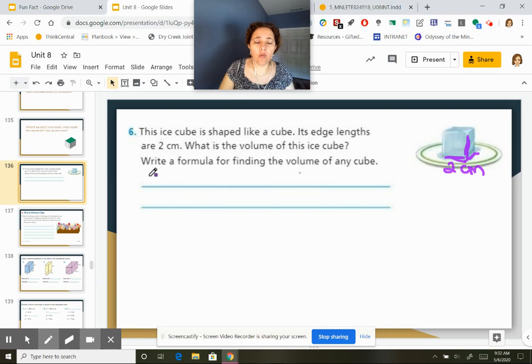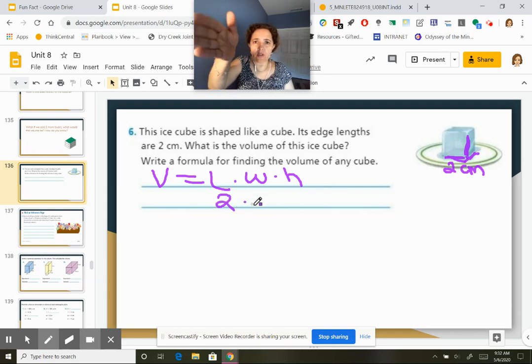So my formula would be, volume is equal to what? Yep, length times width times height. You're correct. What's my length? My length is 2. What's my width? How much is going inwards? Well, that would also be 2. And what would be my height going up and down?